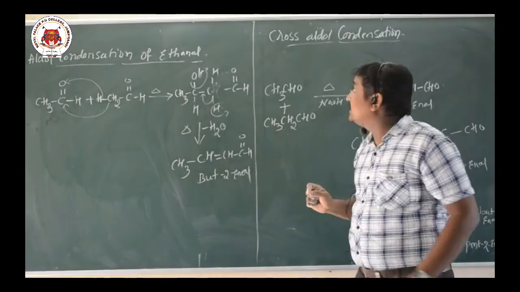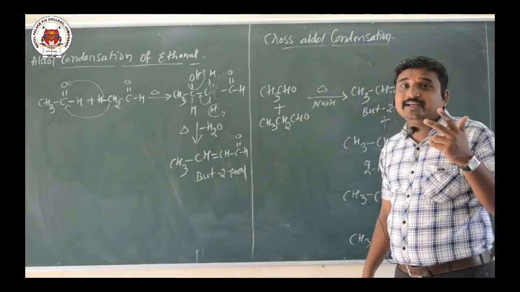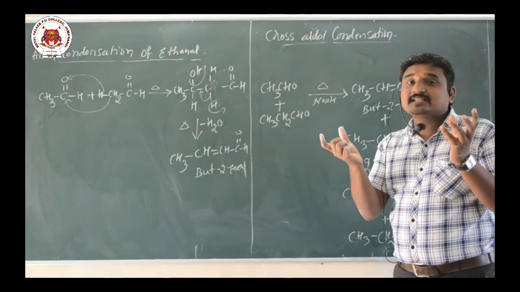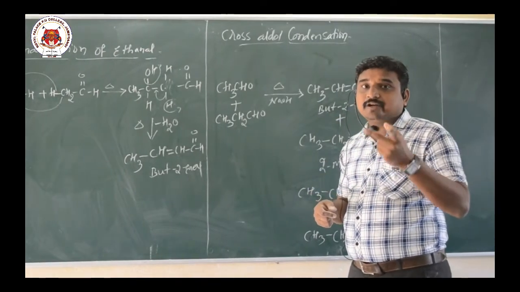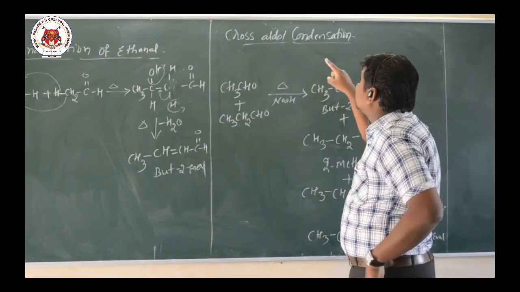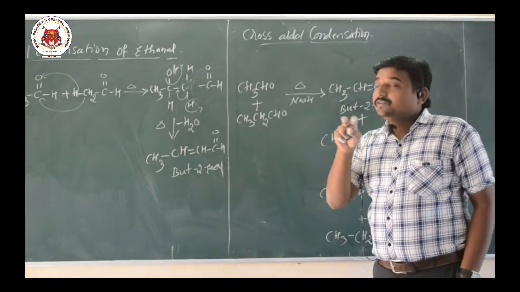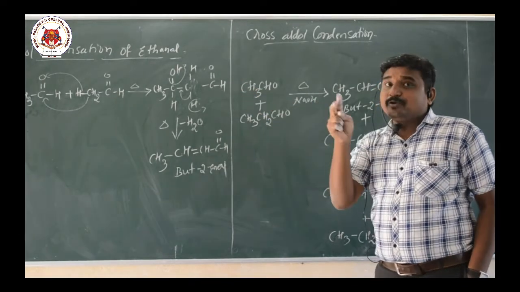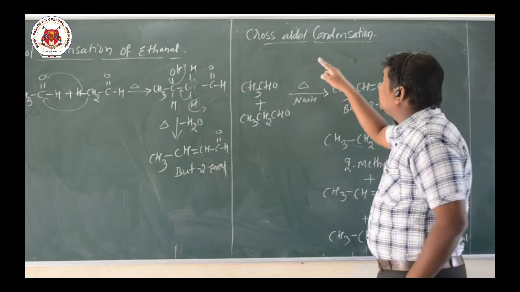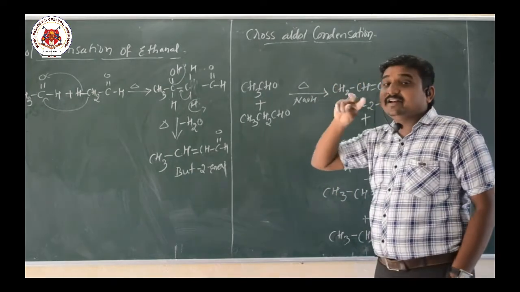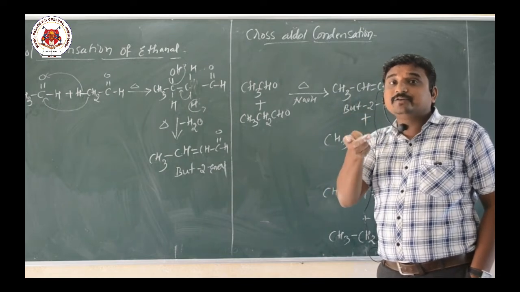Now here, next one, cross aldol condensation. The name only indicates that the condensation reaction occurs between two different aldehydes or two different ketones. Here, in case of aldol condensation, we are going to use the same two aldehydes or two same ketones, but in case of cross aldol condensation, two different aldehydes or two different ketones undergo condensation reaction.